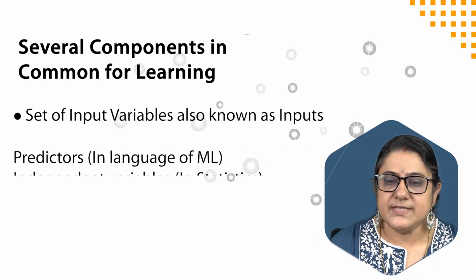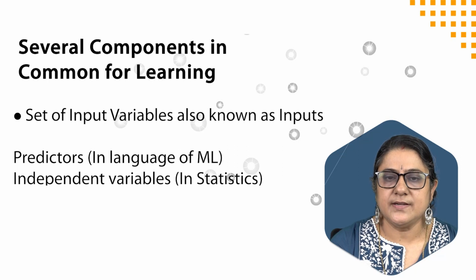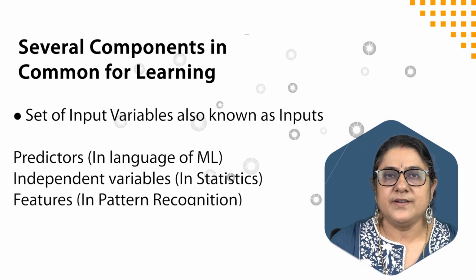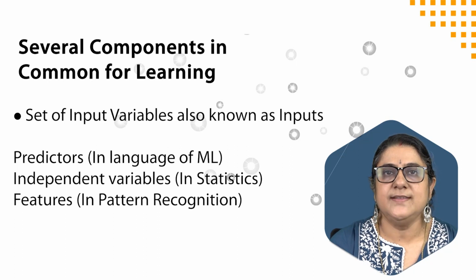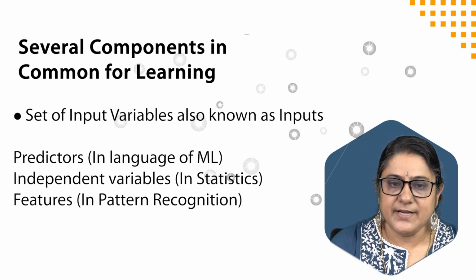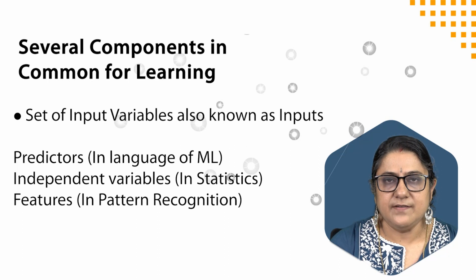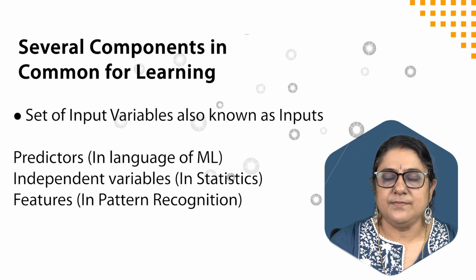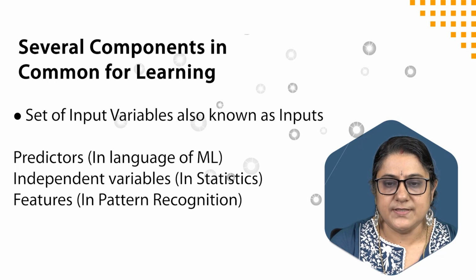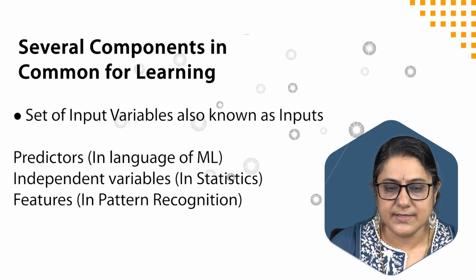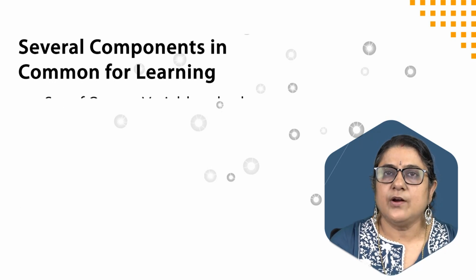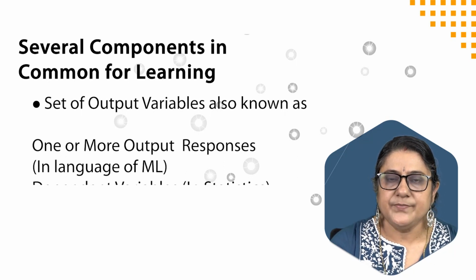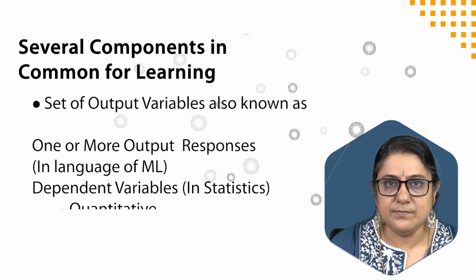In machine learning, statistics and pattern recognition, the inputs are mentioned with different terminologies, though they mean the same, like predictors or independent variables or features. They mean the input variables for machine learning. And then the set of output variables, also known as responses or dependent variable.